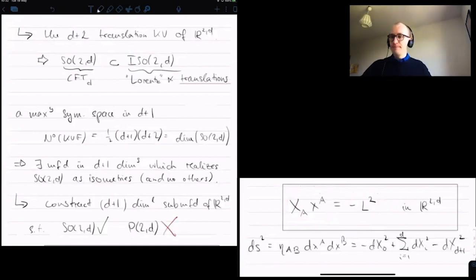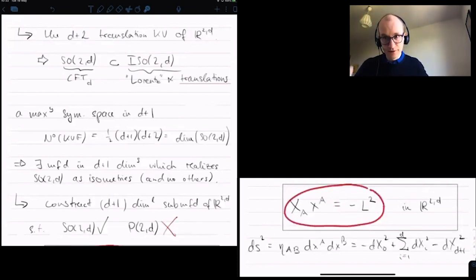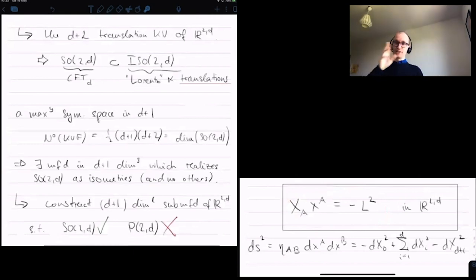And the contraction here is obviously invariant under the rotation of all the X's. So that's SO(2,D). But this equation itself is also obviously not invariant under the translations. I hope that's obvious to you. So it's sort of like a sphere.